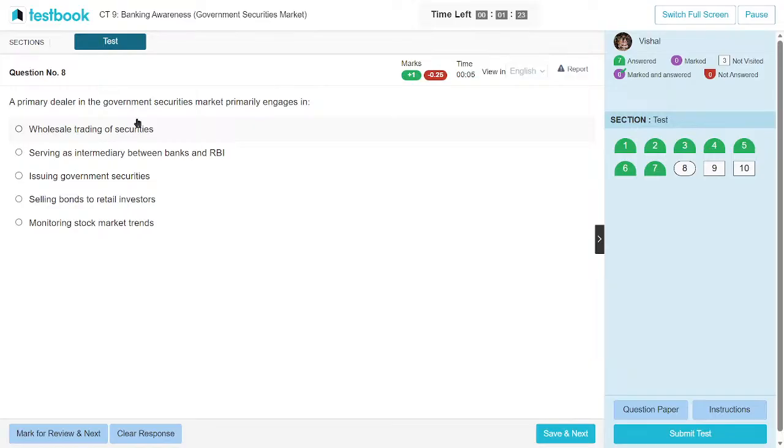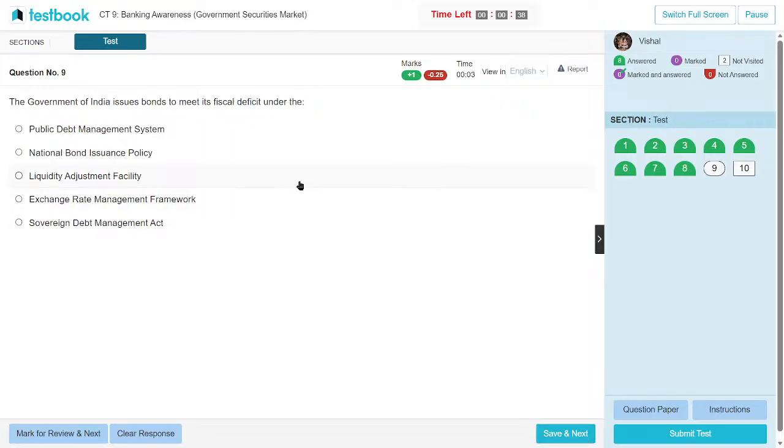The primary dealer in the government securities market primarily engage in. This could be the right answer of this question, guys.